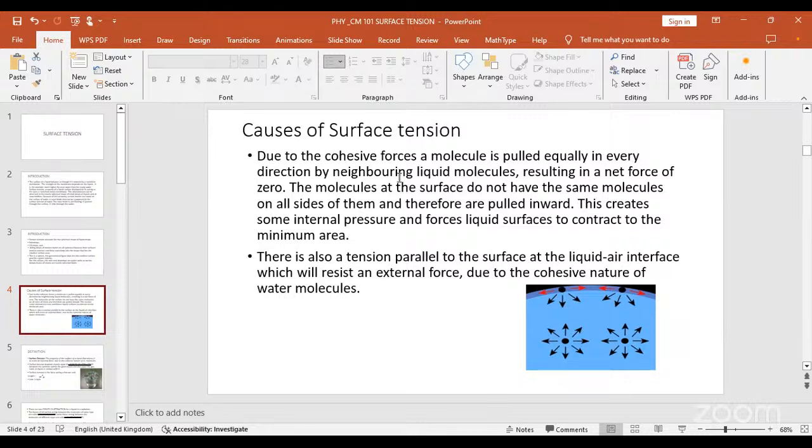And so that is the main cause of surface tension.